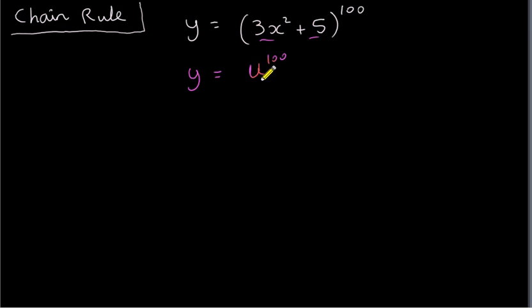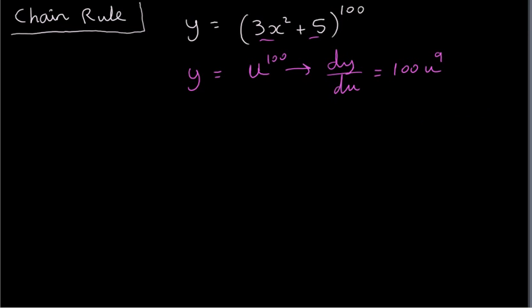If we differentiate this function, it's quite easy. y is the dependent variable, u is the independent variable, so we write the derivative as dy/du, and we just bring down 100 times u to the power of 100 minus 1, which is 99. We're just applying the rule that the derivative of x to the power of n is nx to the power of n minus 1, which I proved in an earlier video.